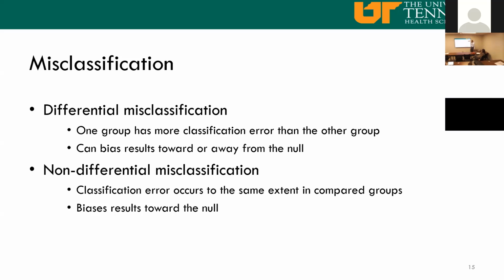Non-differential misclassification is classification error that occurs to the same extent in the compared groups, and it biases the association toward the null. Differential misclassification introduces more bias, more errors, than the non-differential one. The non-differential one usually biases the result towards the null, while this one can bias in both directions.